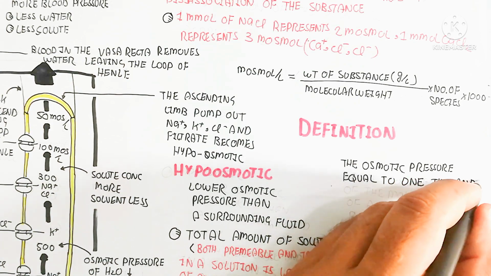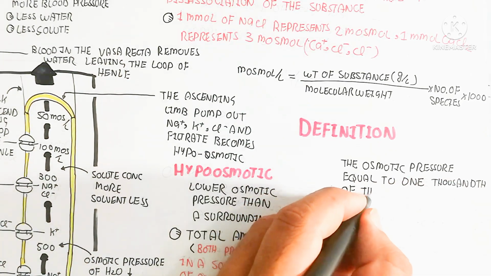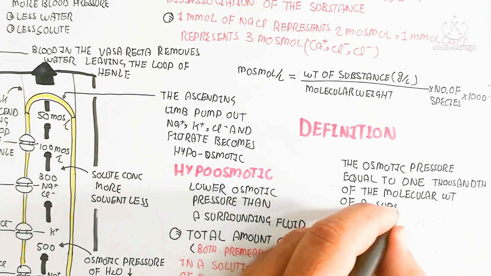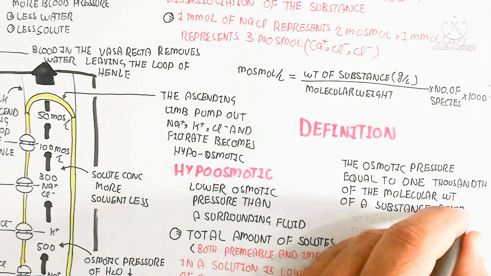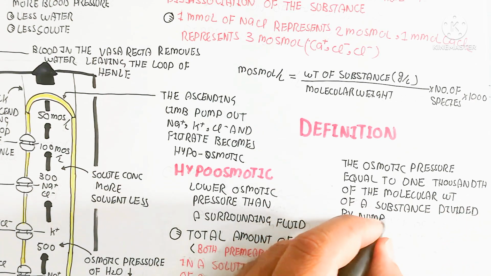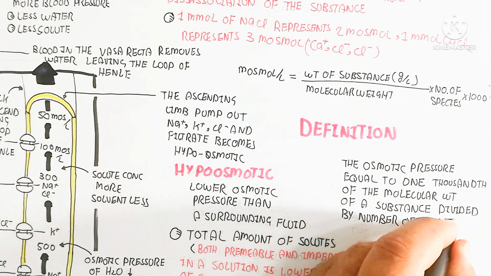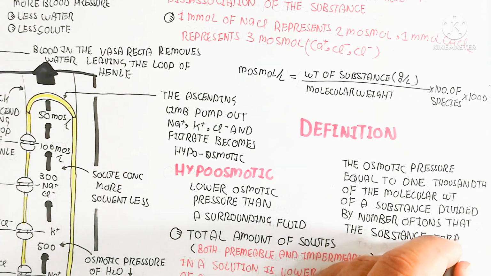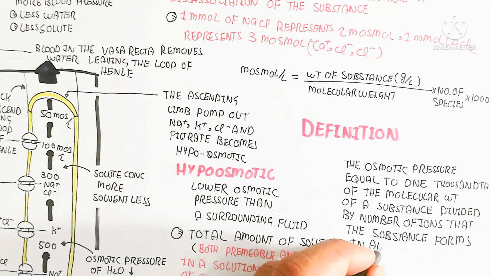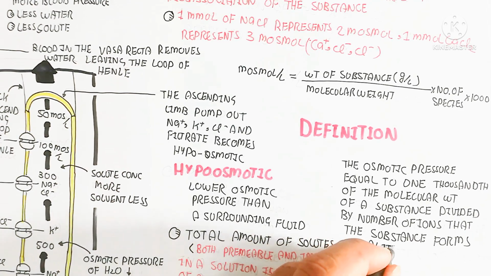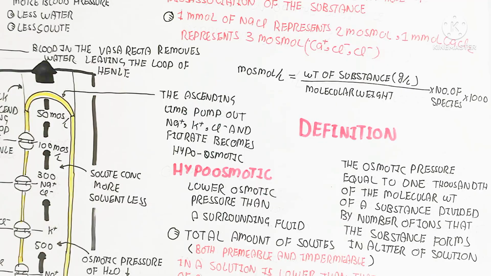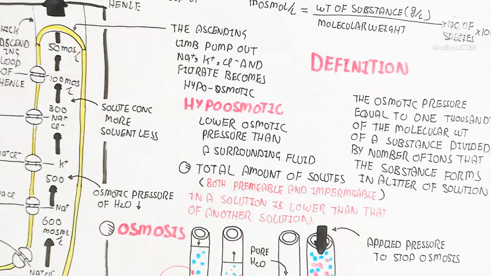So the definition of the milliosmol per liter is the osmotic pressure equal to one thousandth of the molecular weight of a substance divided by the number of ions that the substance forms in a liter of solution. I hope you make sense of the countercurrent mechanism. In the countercurrent mechanism, the water at higher concentration will move toward the lower concentration of water in the vasa recta.